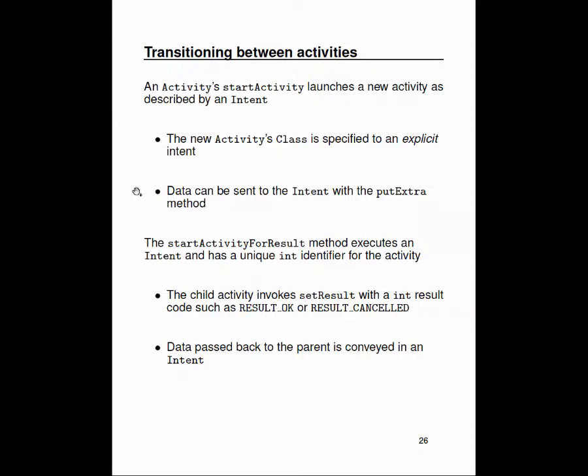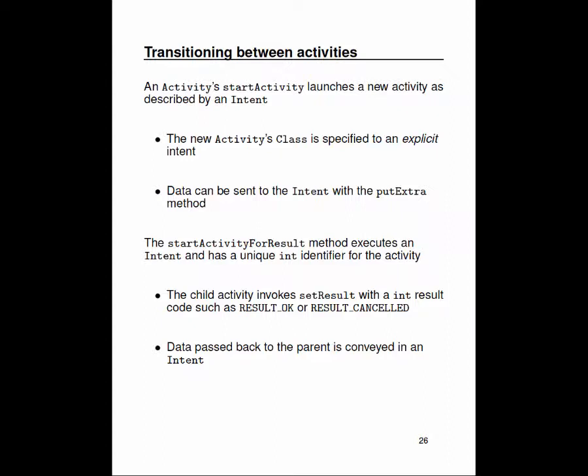If you have an intent to perform some operation and then it returns a result, you can use the startActivityForResult method. That basically goes off and spawns the activity, and gives you an int identifier that corresponds to the operation you're invoking with the intent.